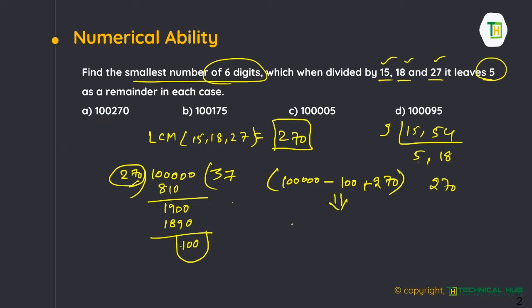How much is it? 1 lakh 170. If it is exactly divisible by these three numbers, 1 lakh 170 is the answer. But here there is a remainder of 5 in each case. So 170 plus 5, therefore 1 lakh 175. That is the required answer. 1 lakh 175, Option B. Option B is the right answer.